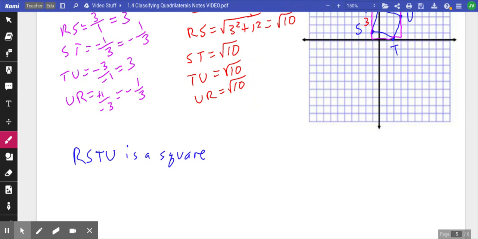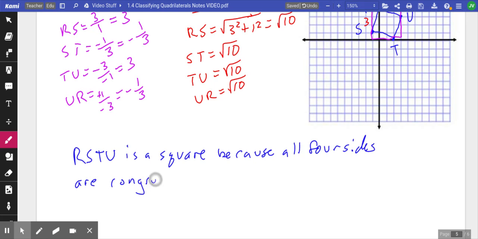And you can say because all 4 sides are congruent, or you can say have the same measure or are the same length, and adjacent sides are perpendicular, meaning there are 4 right angles.